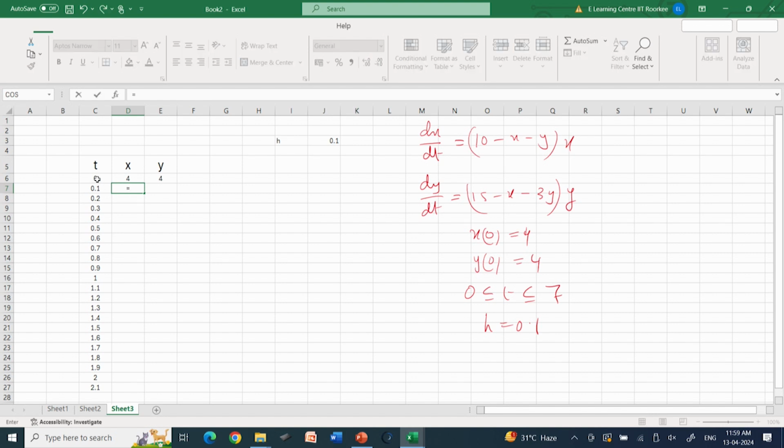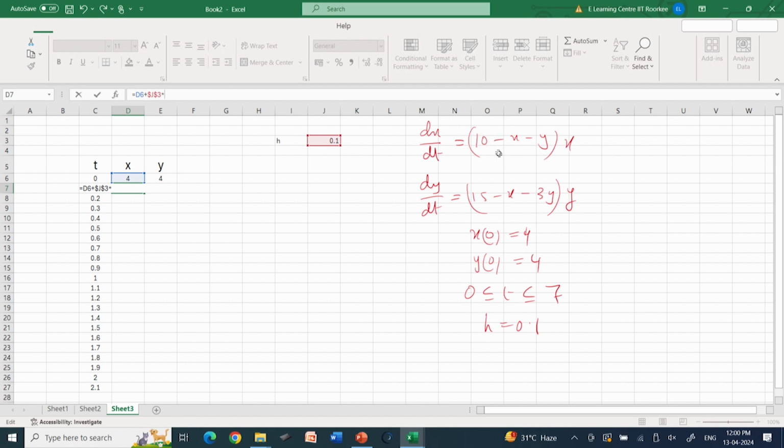Now, to calculate this x, this is equal to x0, which is this, plus h times, again it is a constant, multiplied by f(t0, x0).